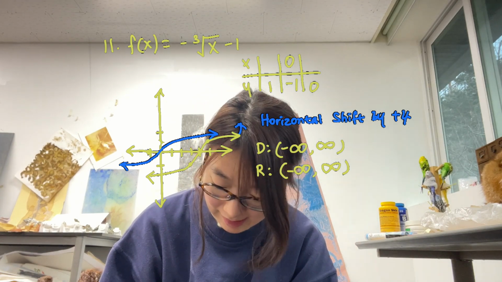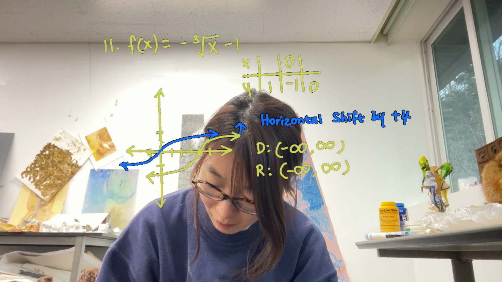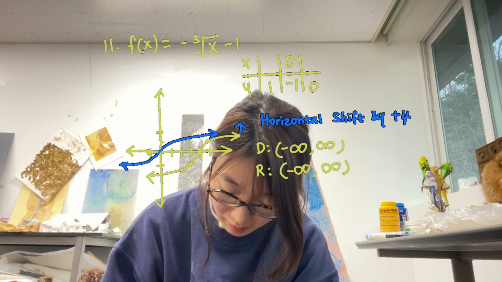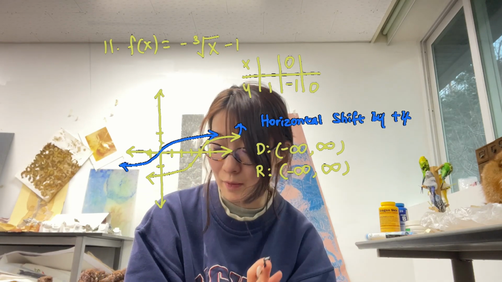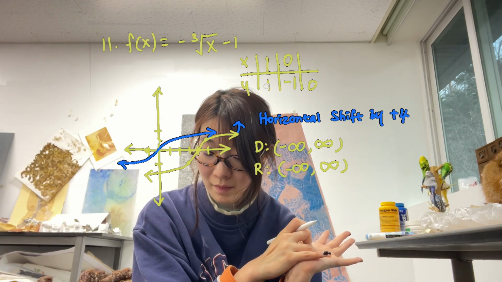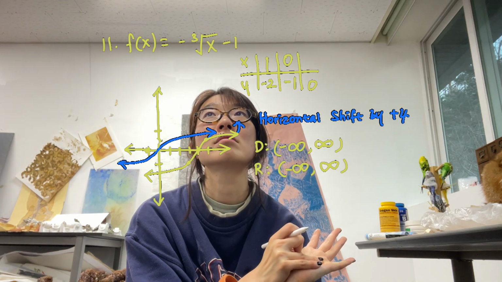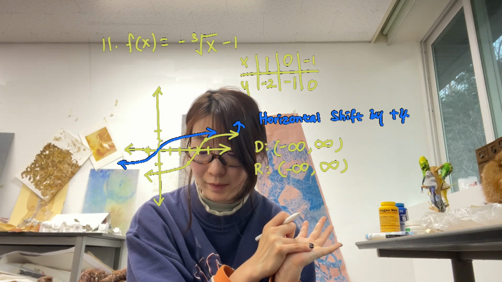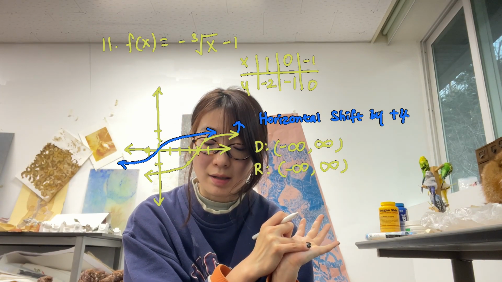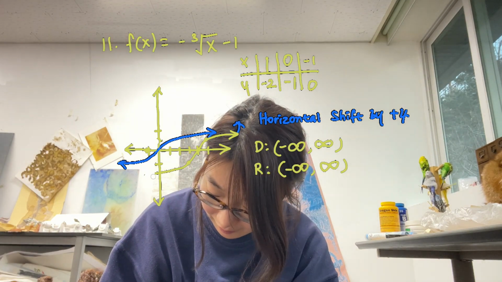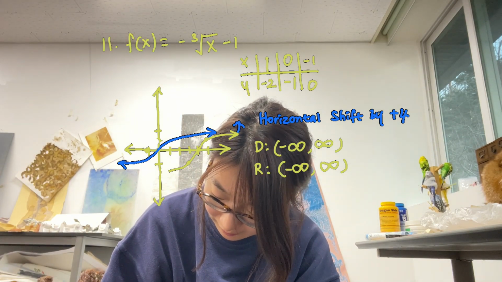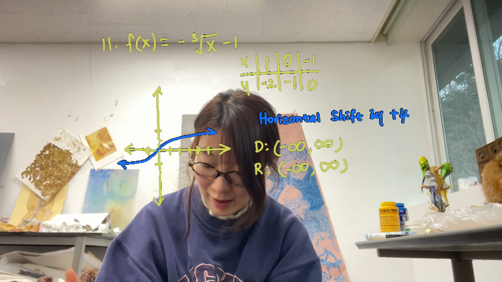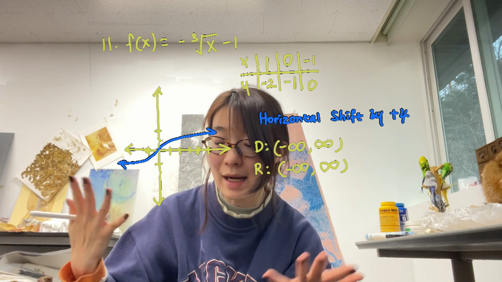When x is 0, y is negative 1. And when x is, let's say, positive 1, then I would get negative 2. And when x is negative 1, then I'll get 0.